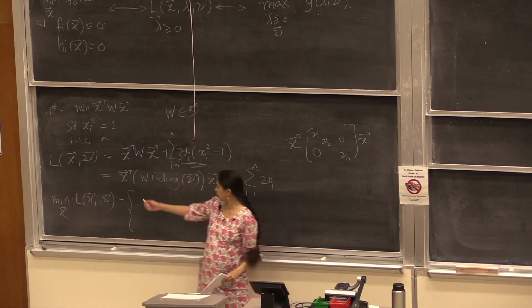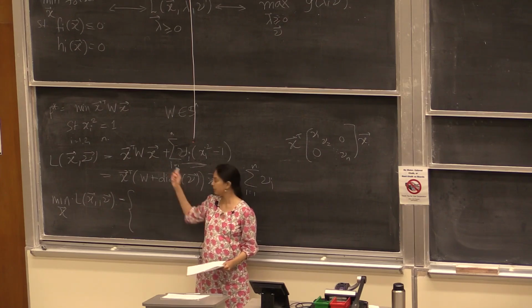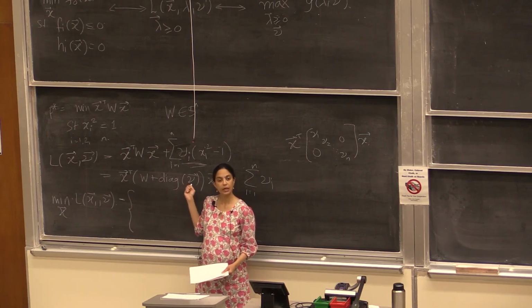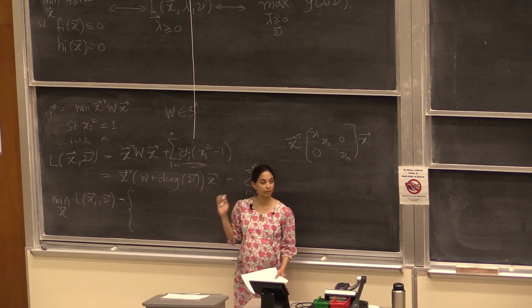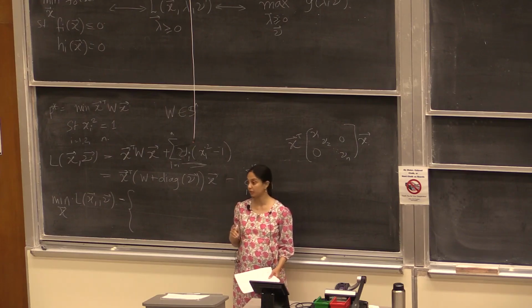So if this matrix has a negative eigenvalue, let's say this matrix, is this a symmetric matrix? This is a symmetric matrix, right? So now, can I make this as small as I want if it has a negative eigenvalue? Right? If I have a negative eigenvalue, I just choose x to be in the direction of the eigenvector corresponding to that, and I'm going to send it off to negative infinity, right?